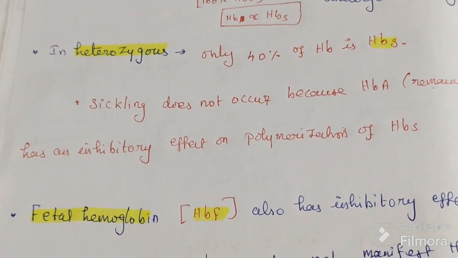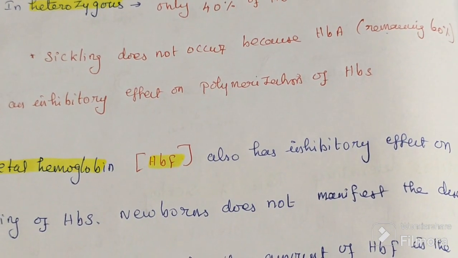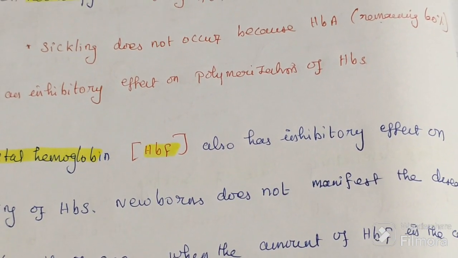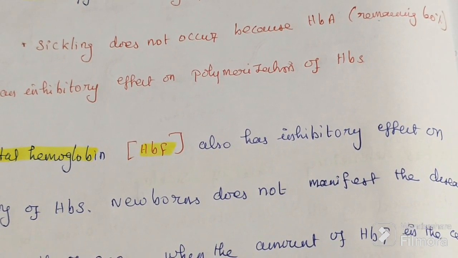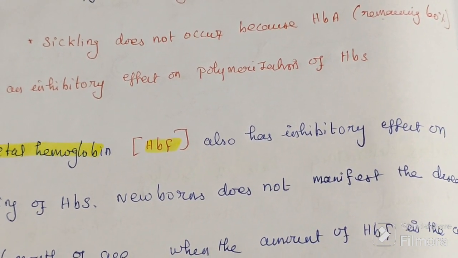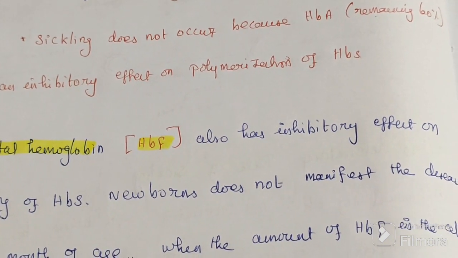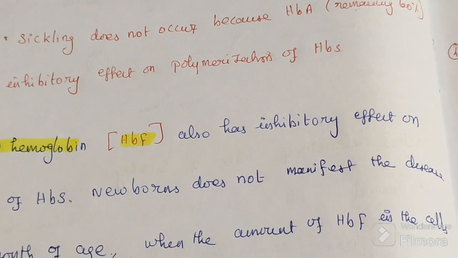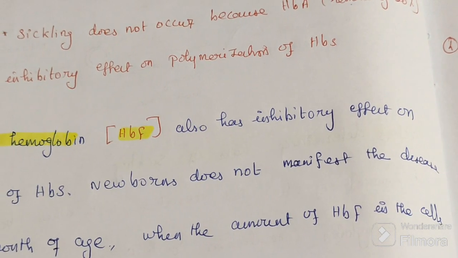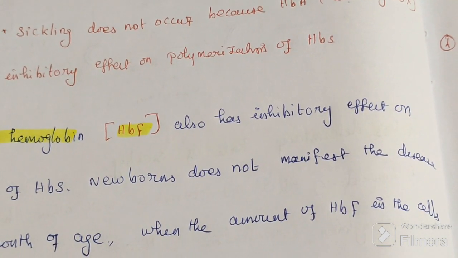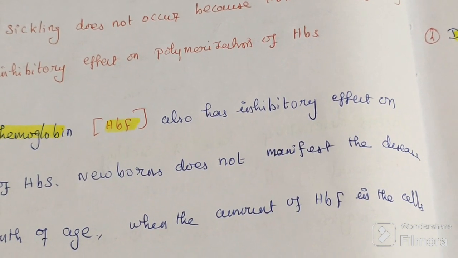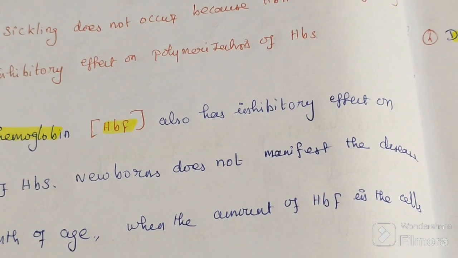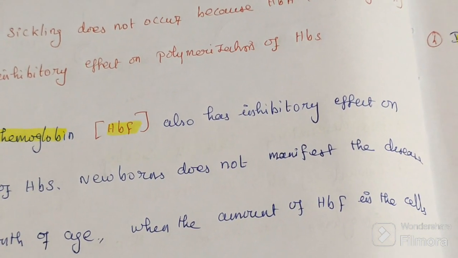But consider fetal hemoglobin. When a newborn is born, the predominant hemoglobin in the newborn is fetal hemoglobin, HbF, for the first 6 months of life. After 6 months, HbF is replaced by adult HbA. HbF also has an inhibitory effect on HbS. So whenever a newborn with sickle cell anemia is born, in the first 6 months the newborn does not have any symptoms.